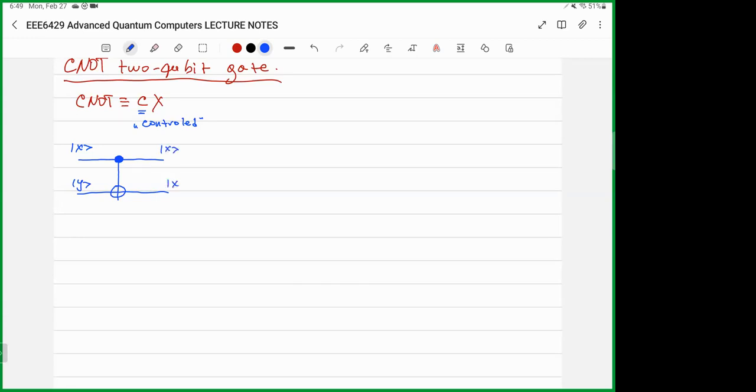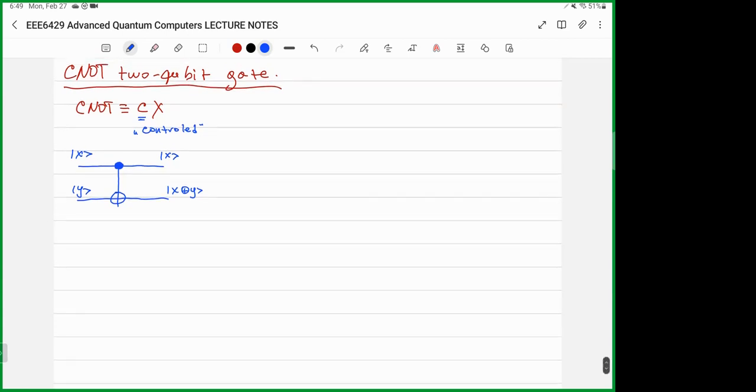This is the logic. So how does this gate work? Let's figure that out.